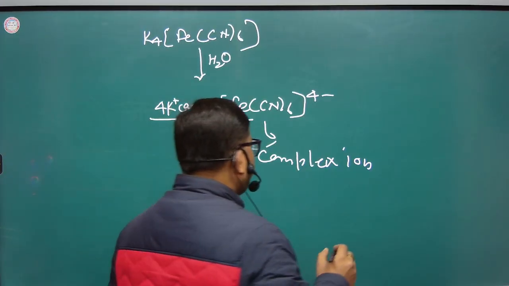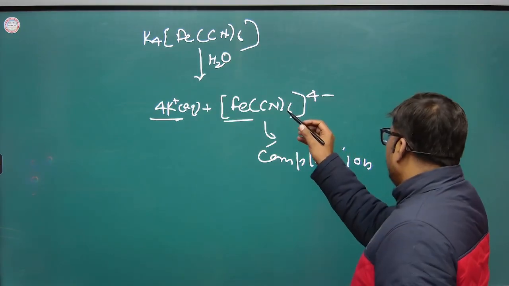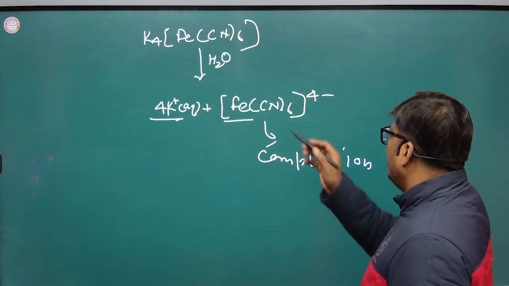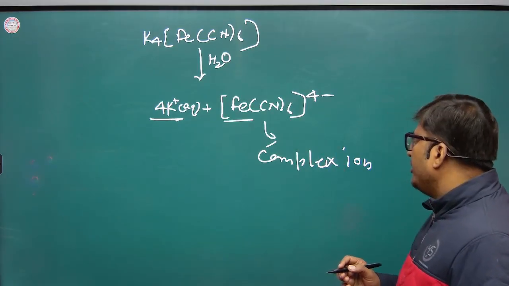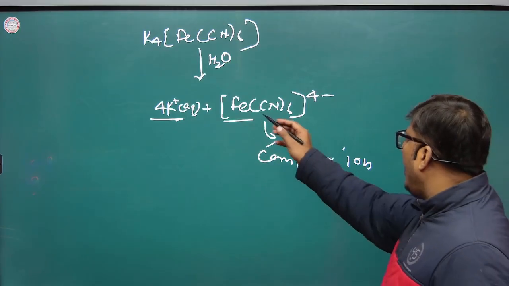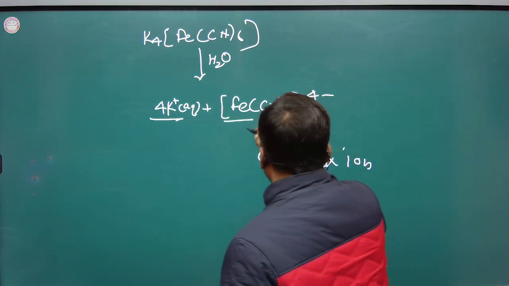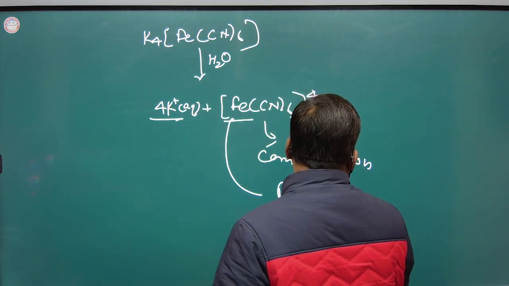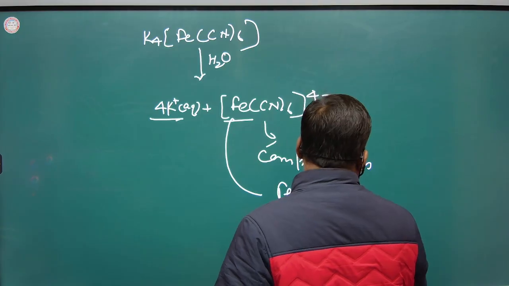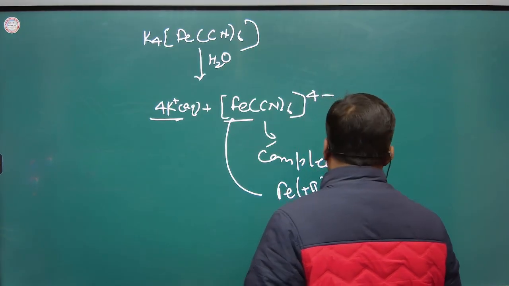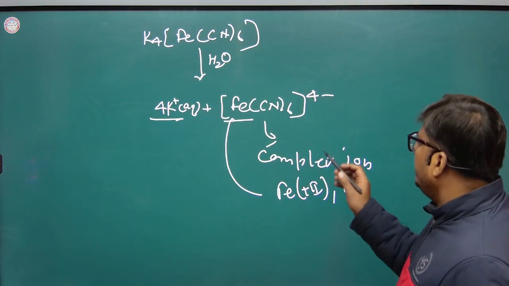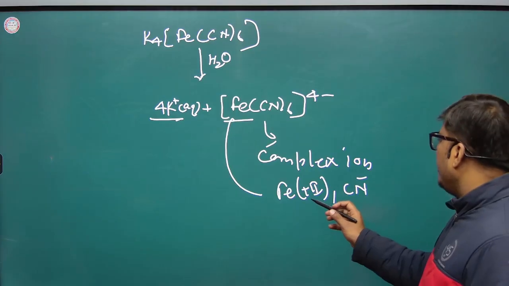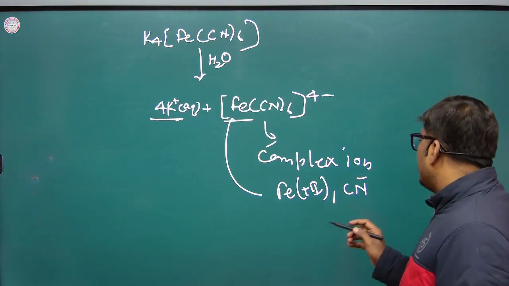So this complex ion does not show any characteristic taste of iron. Here iron exists in the +2 state and cyanide as CN-. So in the solution phase, this complex ion does not show the characteristic properties of Fe2+ or CN-.